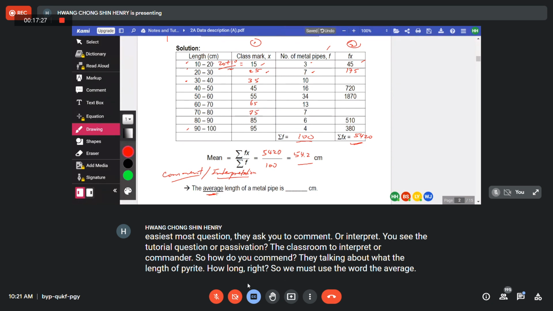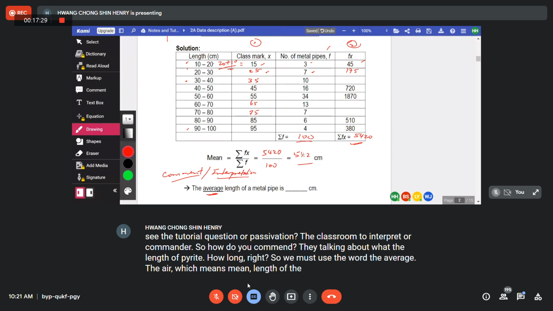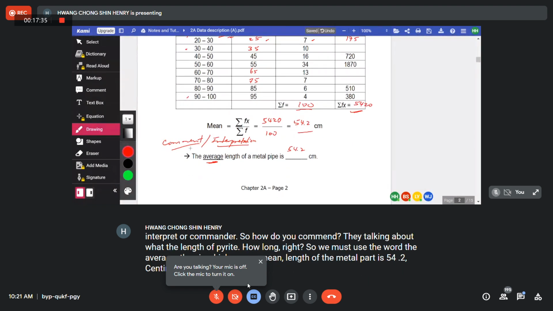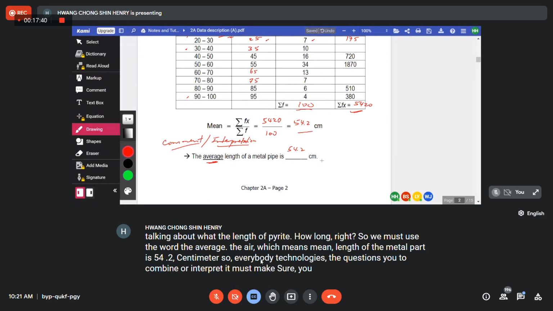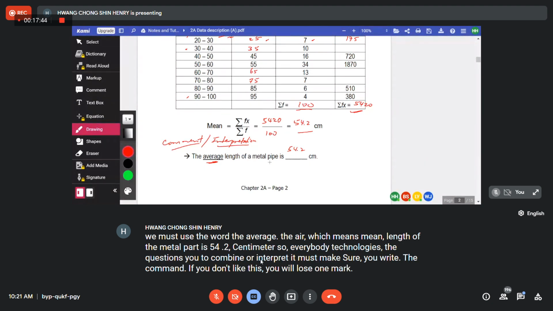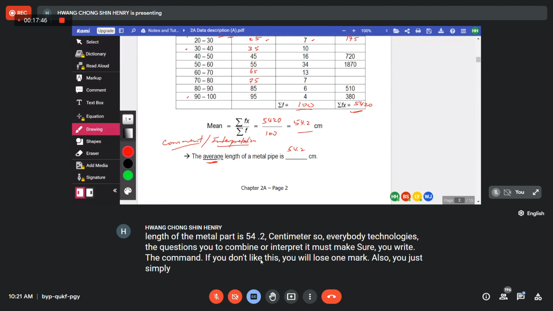The average means the mean length of the metal pipe is 54.2 centimeter. So everybody take note. If the question asks you to comment or interpret, you must make sure you write the comment. If you don't write this, you will lose 1 mark. So you just simply use the words, the average length of the metal pipe is 54.2 centimeter.